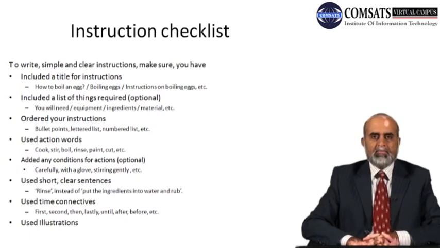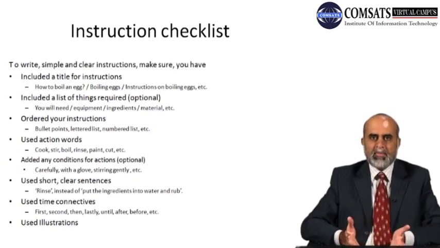Okay, now the most important thing that you must make sure is that you have used short, clear sentences in your instructions. So instead of writing put the ingredients into water and rub, you can use one simple verb for it, and that is rinse. Rinse is like washing something with water.